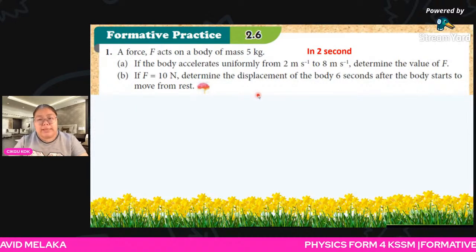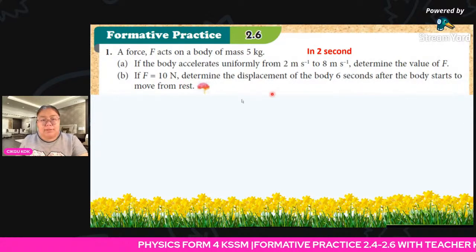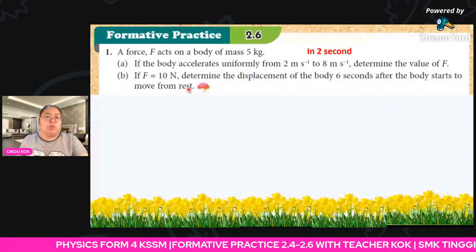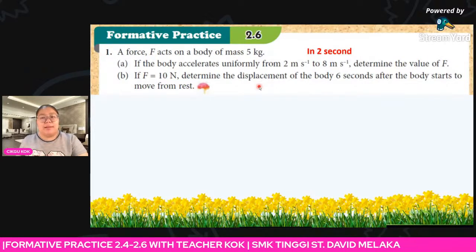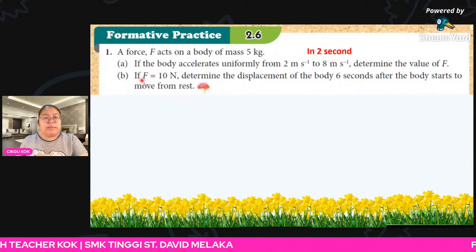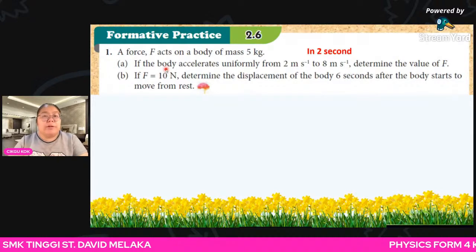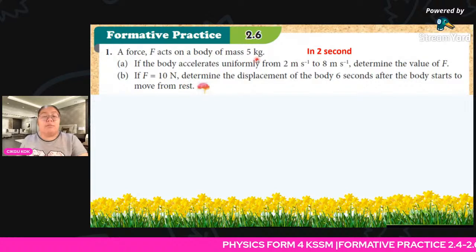The problem is I don't have enough information. I just have time taken and u. U is rest. Final velocity I don't know, acceleration I also don't know. But the question gives you force, and this force can help you find acceleration because the question already has mass.